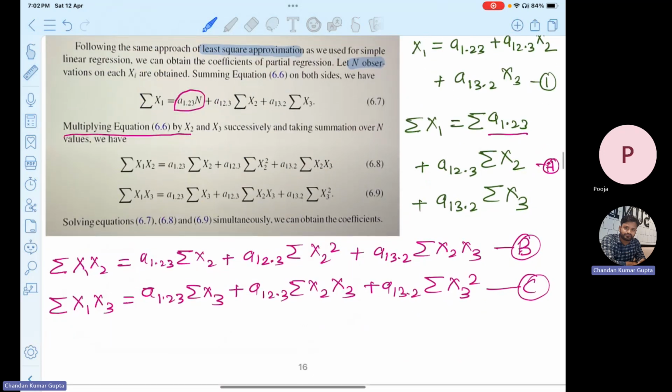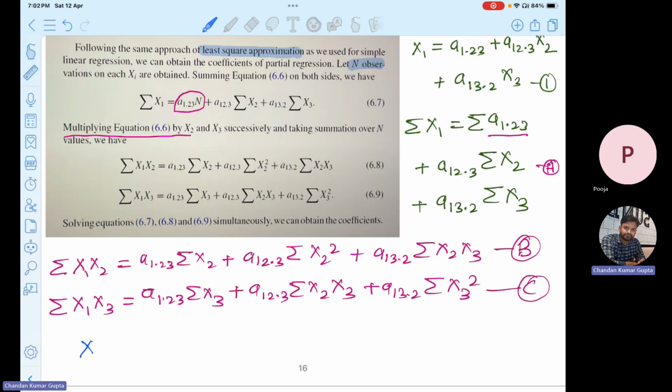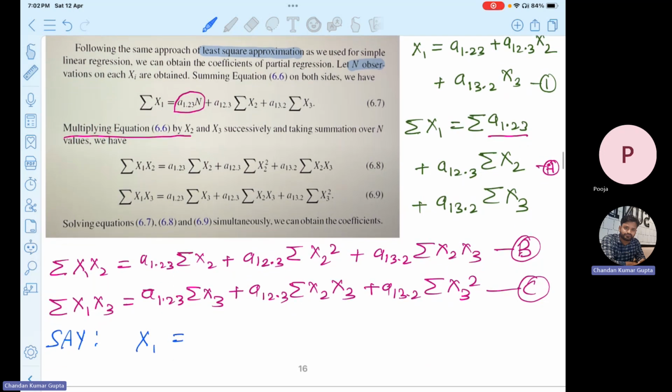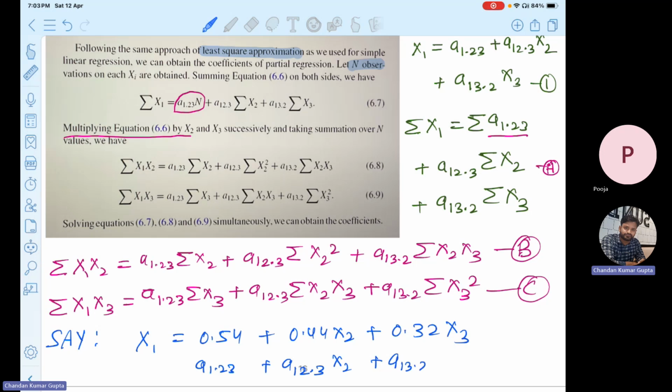For example, x1 equals a1.23, suppose it's 0.54, plus a12.3, suppose 0.44 x2, plus 0.32 x3. That is, x1 equals a1.23 plus a12.3 x2 plus a13.2 x3. So we have calculated these values.